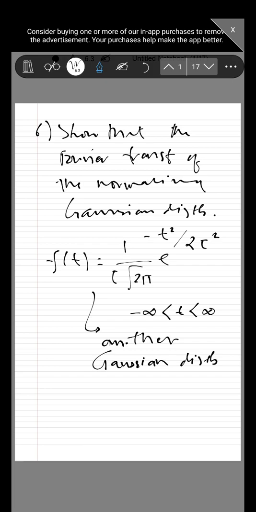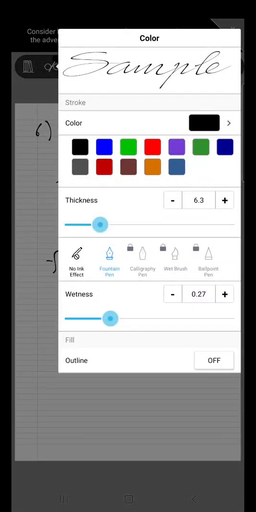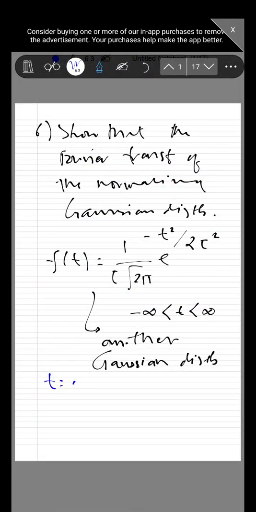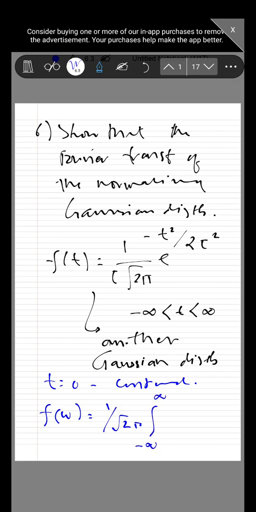So the Gaussian distribution is now centered at t equal to 0, which is why it is centered. So we can write f(omega) is equal to 1 by root 2 pi, integral minus infinity to infinity f(t) into e to the power minus I omega t dt.